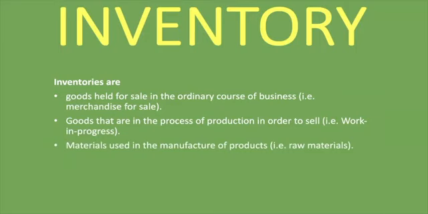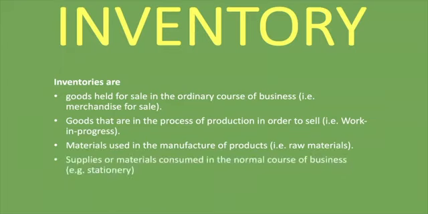So for a company that provides materials, those materials would be classified as their inventory. It also includes supplies or materials consumed in the normal course of business, like stationery, which would form part of inventory. You also have what is called consumable stores on hand, what is remaining at the end of the period. Those are what will form part of what inventory is.